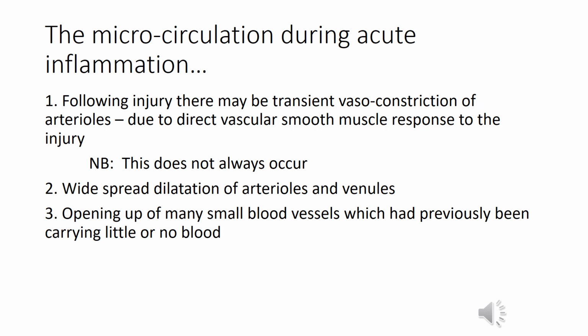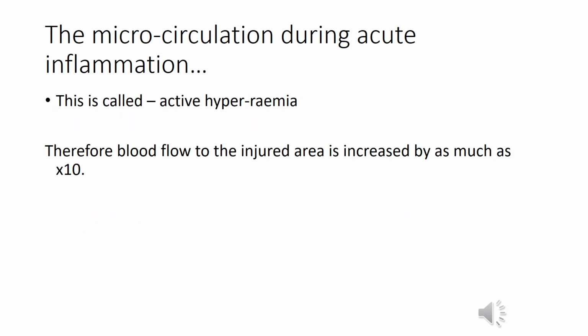So we have the usual large capillaries having the blood flow increased, and also the smaller capillaries opening up and flowing blood through the capillary bed. That increases the local blood supply to the site of injury, and that is known as active hyperemia.